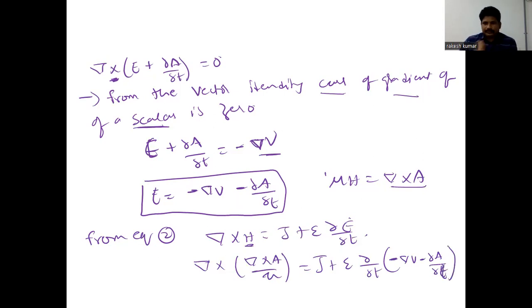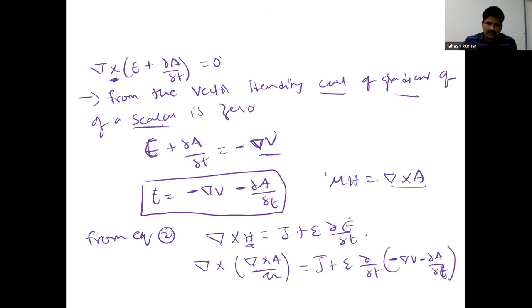We know the formula for the vector potential, that is, del cross del cross A is equal to del of del dot A minus del square A. So the above equation is also in this form. So del cross of del cross A is equal to this one.